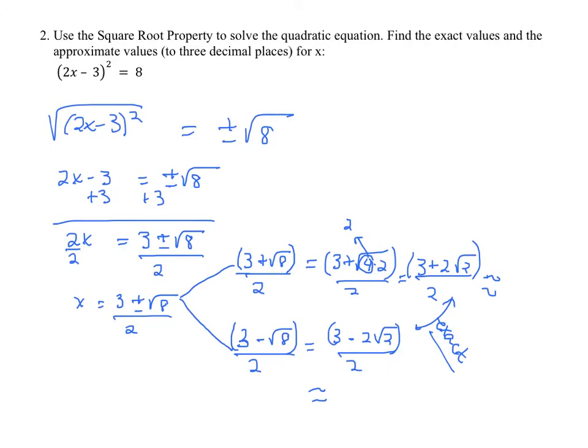And I'm going to get approximately 2.914. And then the other one is 3 minus 2 radical 2 divided by 2, and I will get approximately equal to 0.086. So these guys right here are approximate.